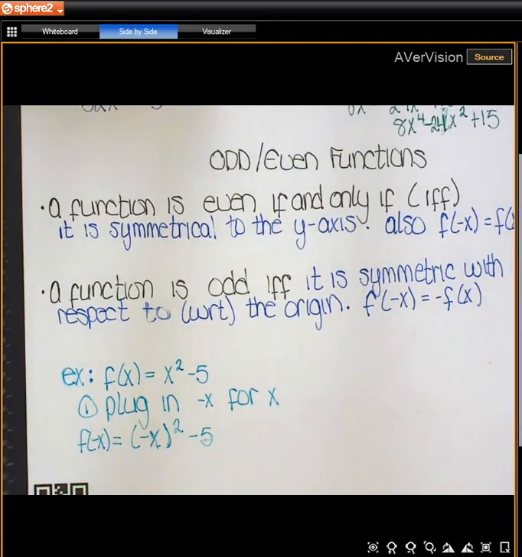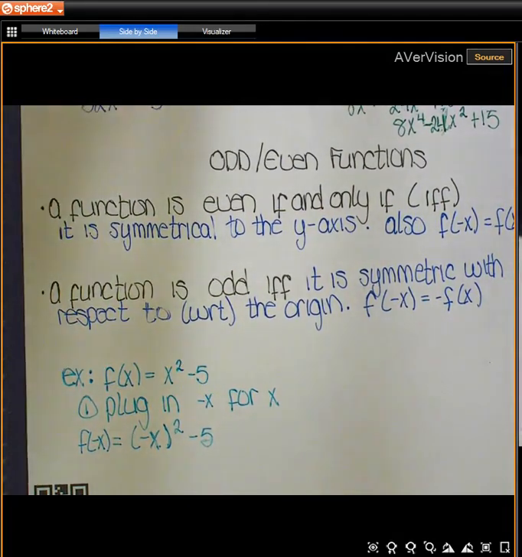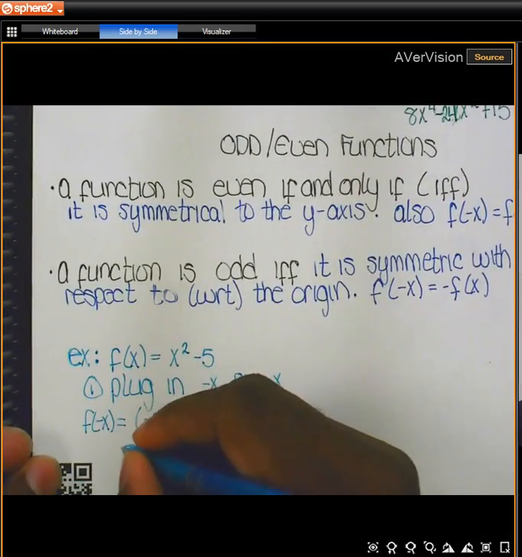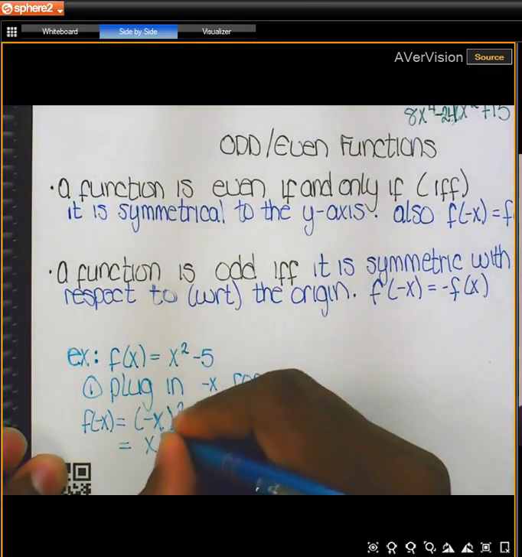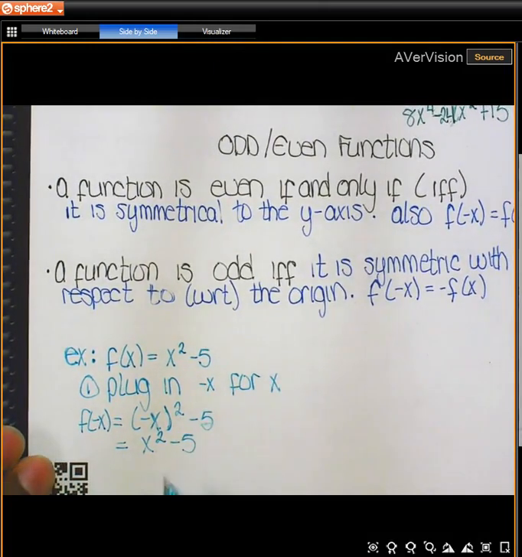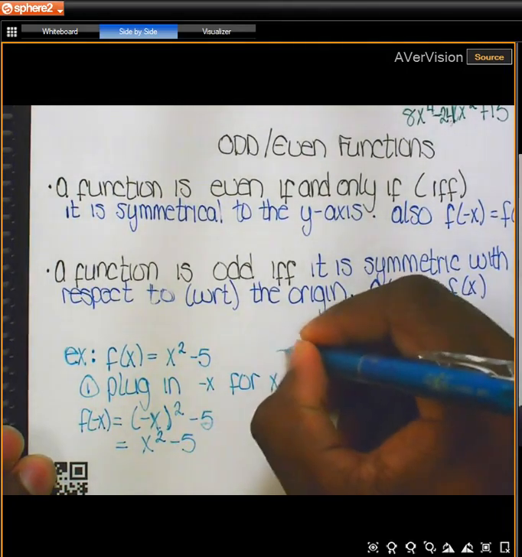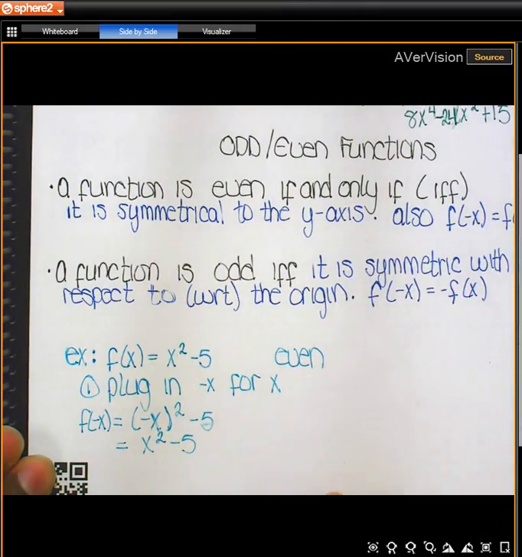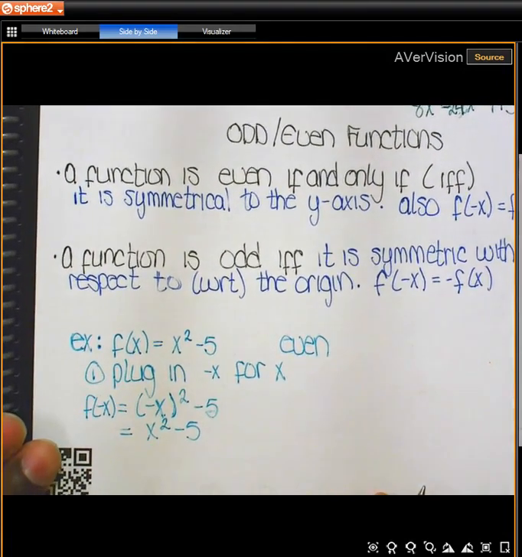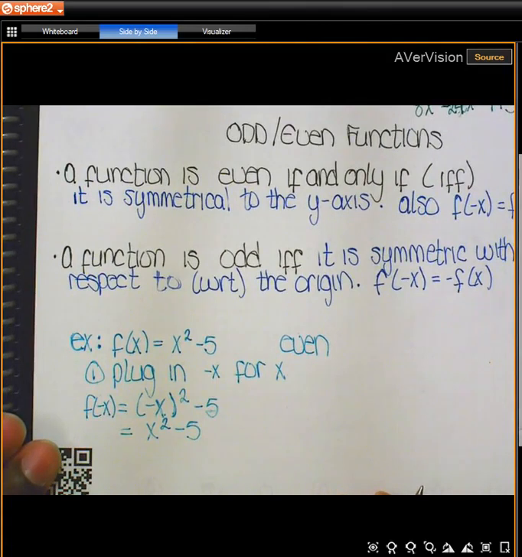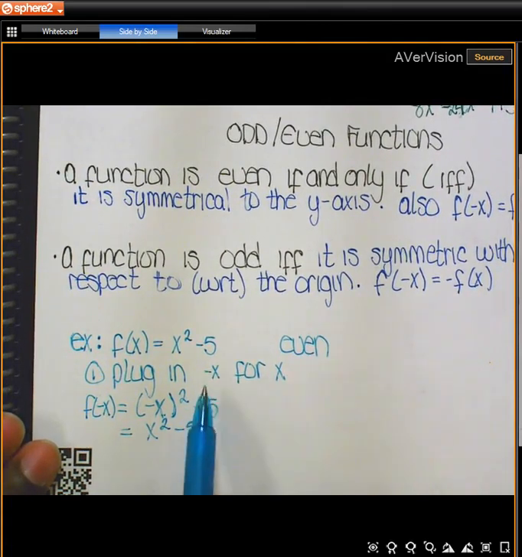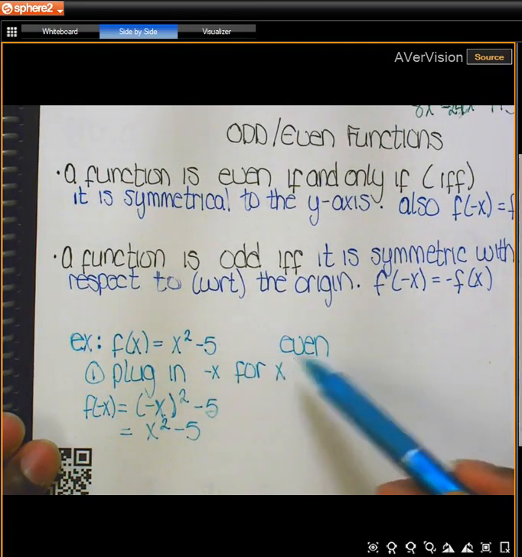What is negative x squared? Negative x squared is just positive x squared. So is this the same as this? Yes, it is. So that means this function is even. Make sense? All we're doing is plugging in negative x wherever we see an x. And if we end up with the original problem back, then it's even.